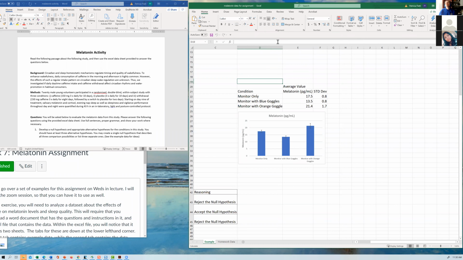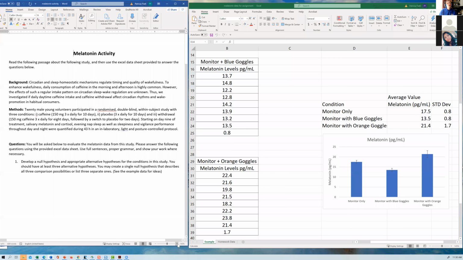I've given you a little bit of background here on the circadian and sleep homeostatic mechanisms regulating quality of wakefulness.